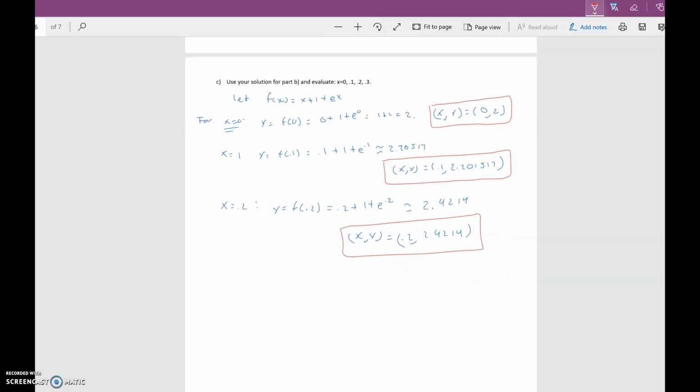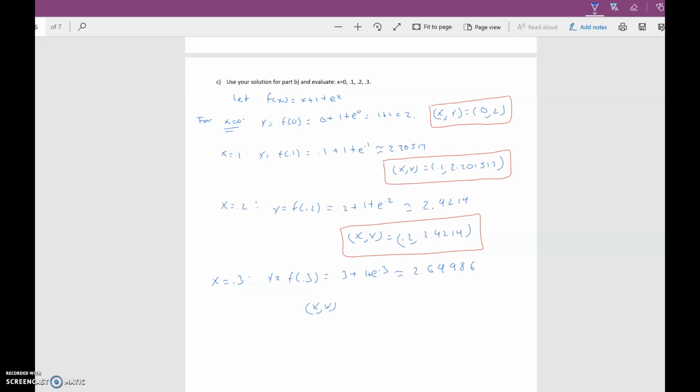The last one that they want is 0.3. So x is equal to 0.3. We're going to have that y is equal to f of 0.3, which is equal to 0.3 plus 1 plus e to the 0.3, which is going to give us 2.64986.